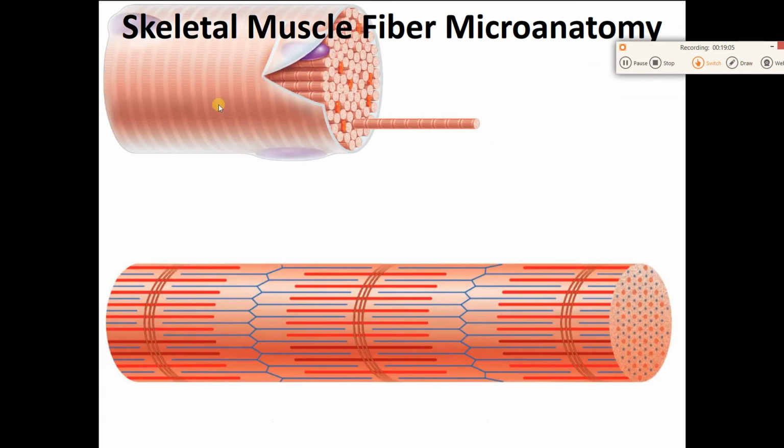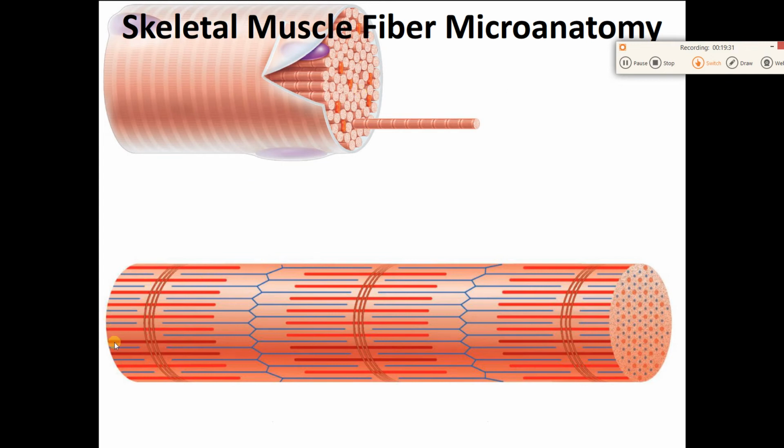So here's our muscle fiber up here. Sarcolemma, nuclei, mitochondria, and what we're really interested in now are these cylinders. And this cylinder is known as a myofibril. There are many myofibrils in here. The myofibrils are the source of contraction.